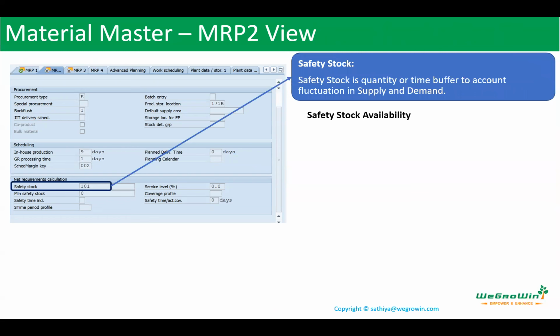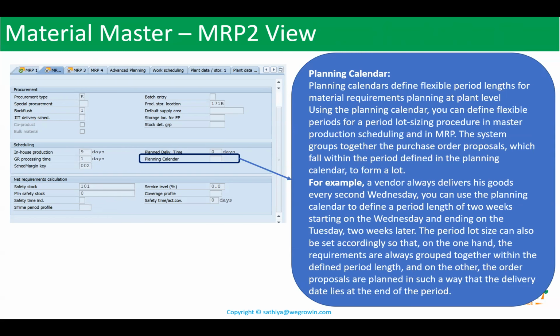Sir, one question over here, sir. Planning calendar we normally assign to the production location, then WB03, not here. No, to the old plant. You are talking about the APO. Not APO, sir. In ECC itself, we assign the planning calendar in the manufacturing location, not on the material master level.